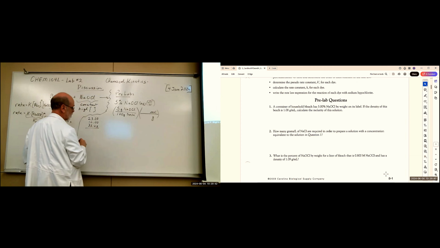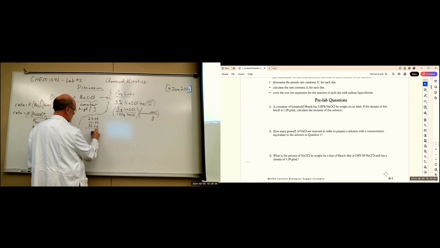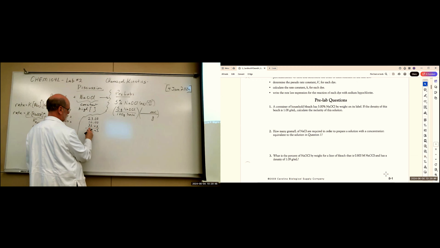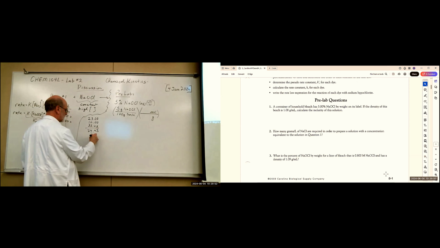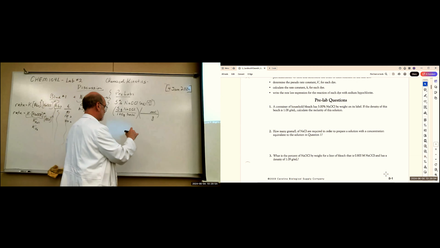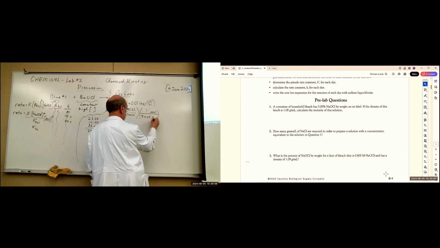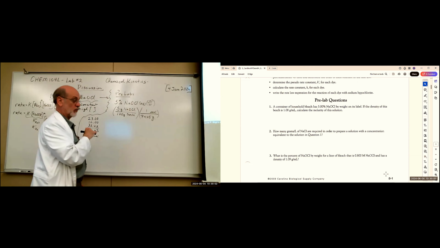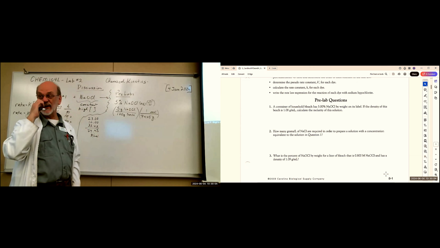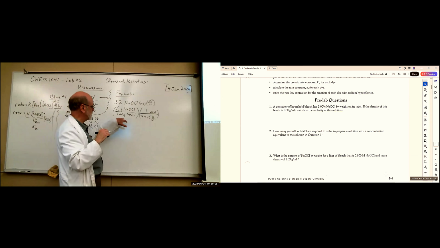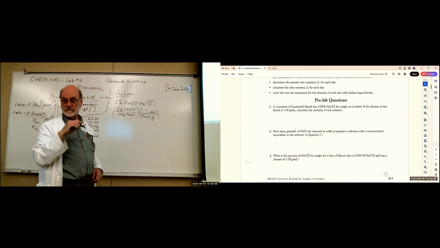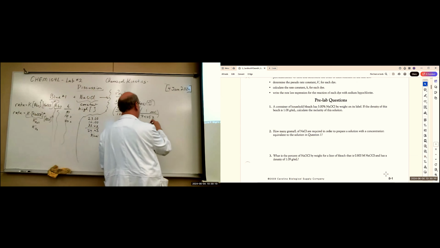So this should be the molar mass of sodium hypochlorite. So then 74.45 grams per mole. Right. So that converts sodium hypochlorite to moles. Now we need to convert the solution to volume. So that's 100 grams.